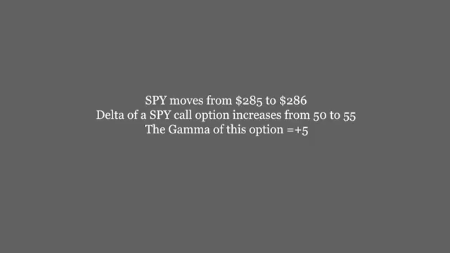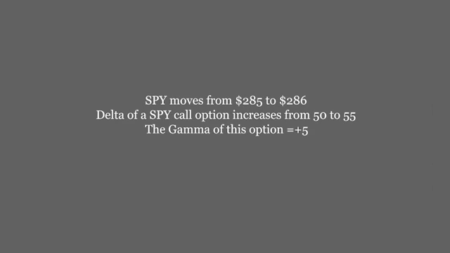For example, let's say SPY moves from $285 to $286, that $1 move higher. If the delta of a SPY call option increases from 50 to 55, then the gamma of this option is +5.